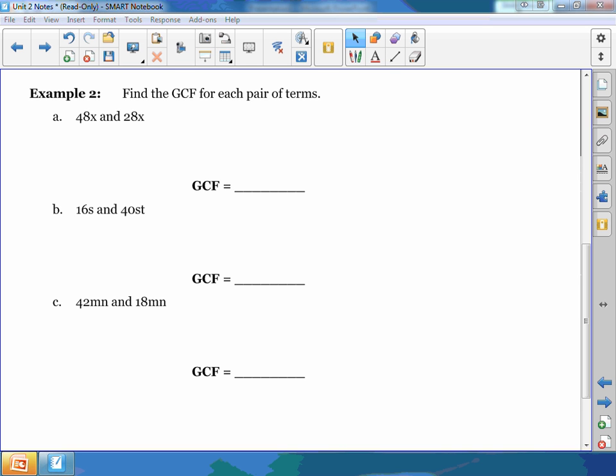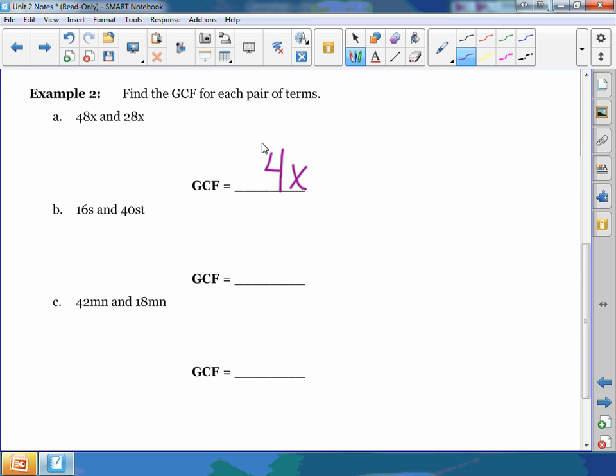All right, how about letter A? What'd you calculate for your GCF here? Ben, what do you have? 4x. Anybody else get 4x on this one? Good. I'm going to come back to that one in a minute, but let's list these other two. How about B?